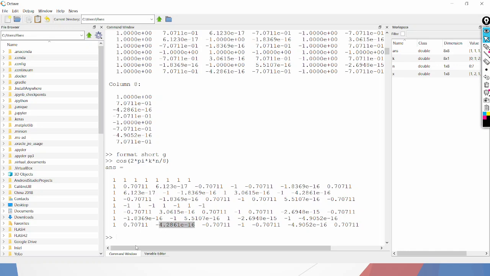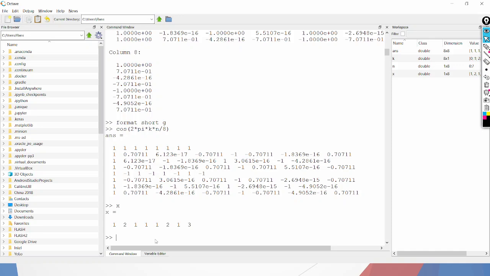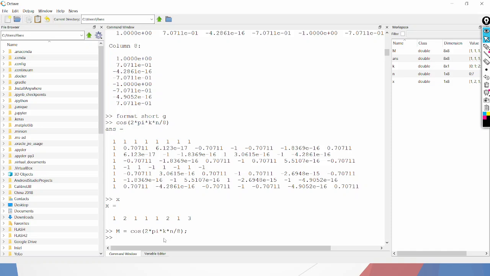So what I have now is my sequence X. What I want to do now is take the sequence X and the first row of this matrix. Let me call this M, cosine. Now X. I don't put a point because I want to have a matrix product. I want to take this signal X and this as a column, then multiply row with a column and get one single number.